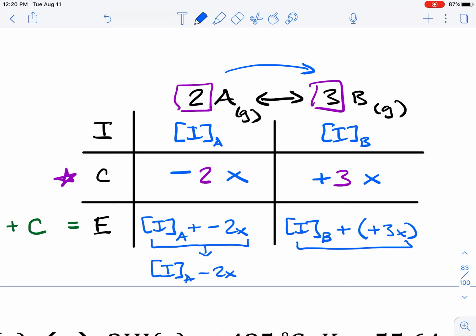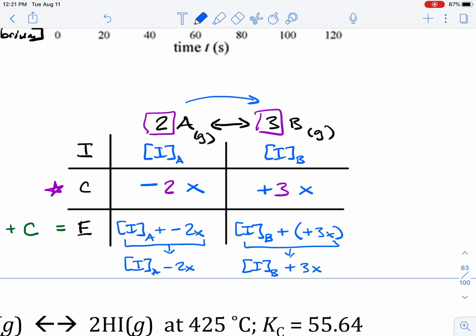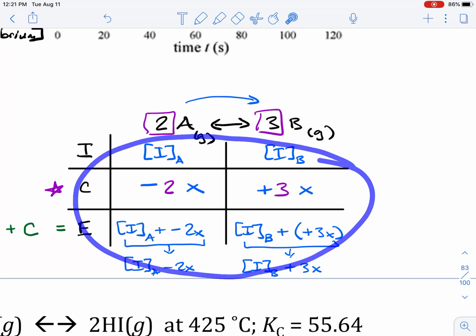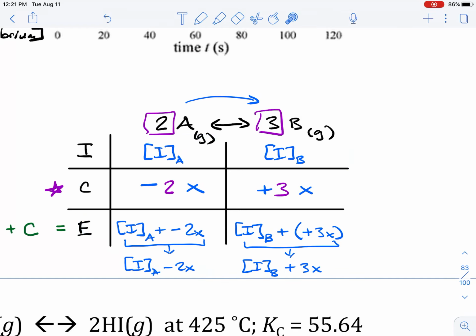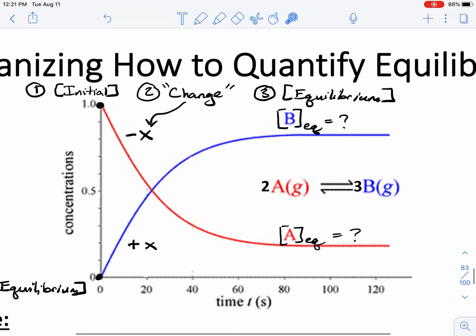And then this can be simplified to the initial concentration of B plus 3X. Okay. And so this is typically how we fill in the ICE table. And once again, the ICE table is representing three key phases in the course of the chemical reaction as it progresses from start to finish.